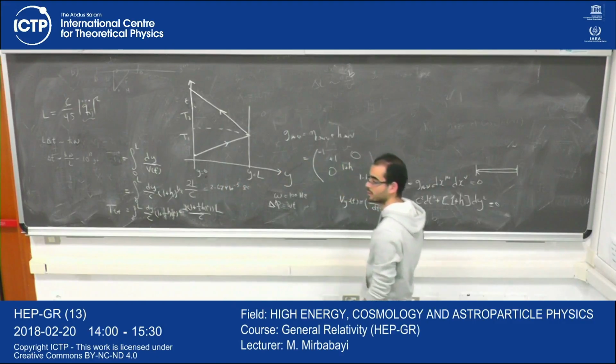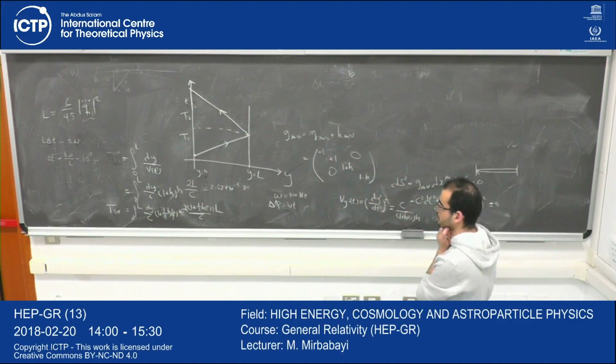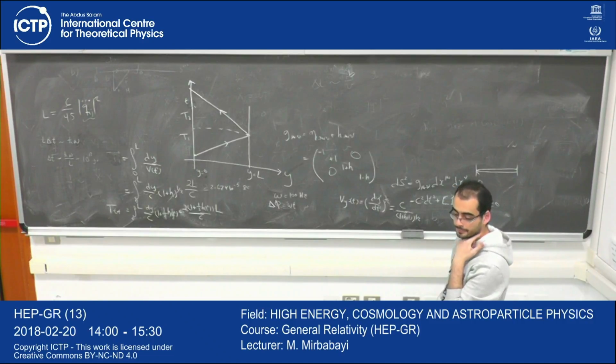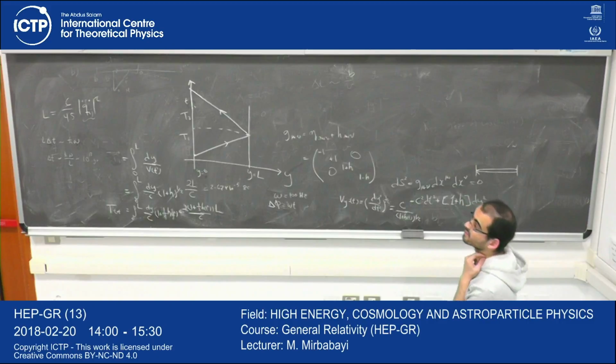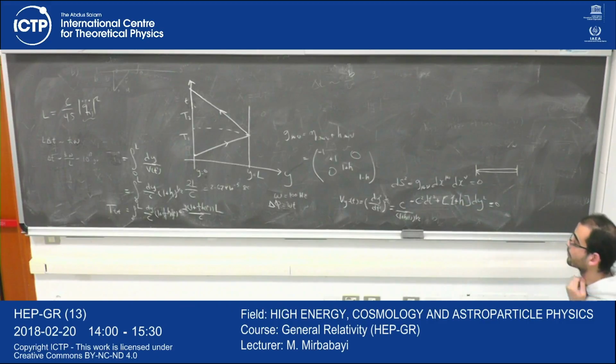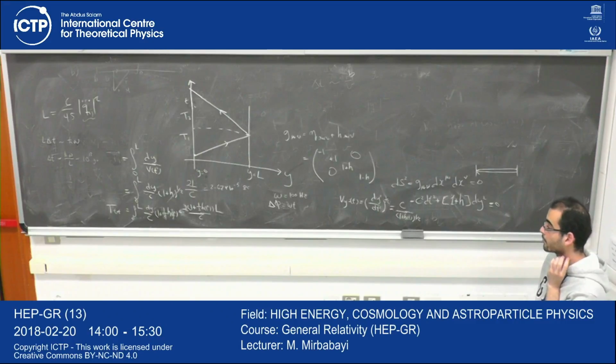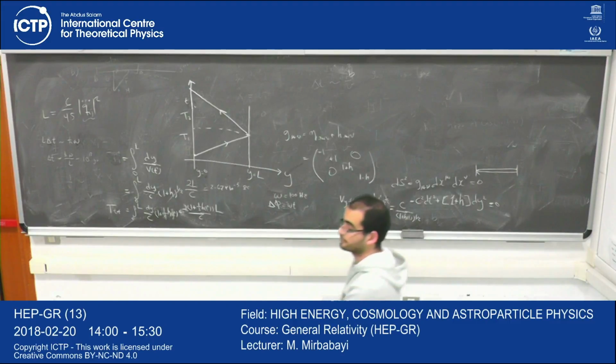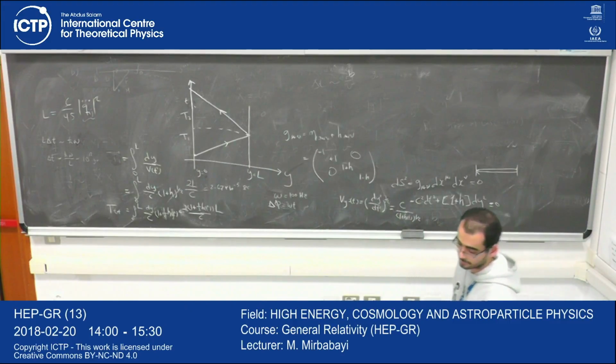So this is the output. You can also ask what if we are measuring the time using clocks that are attached to the mirrors. So those are the world lines.